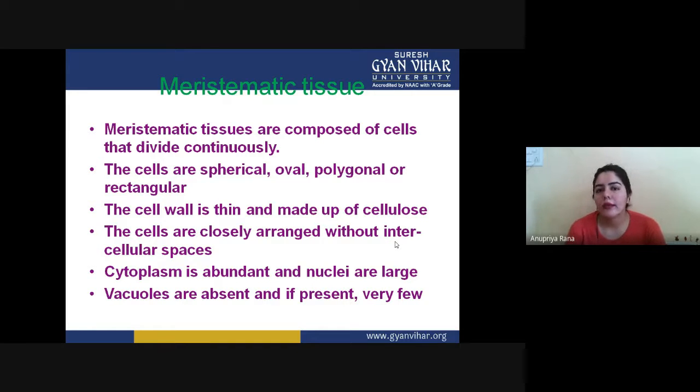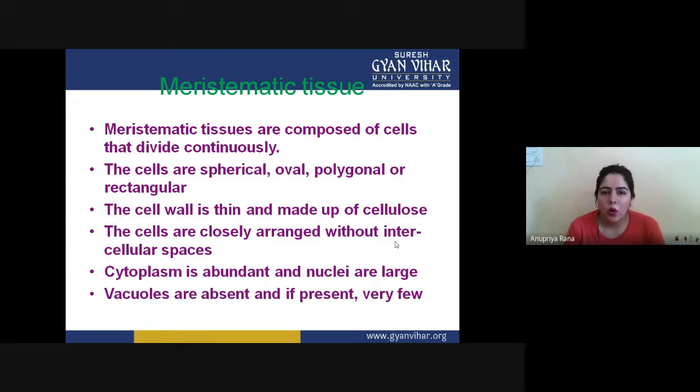That's why the meristematic tissue has a very thin cell wall. These cells are closely arranged without intercellular space, so actually they divide and are placed right after each other. There is no intercellular space present.